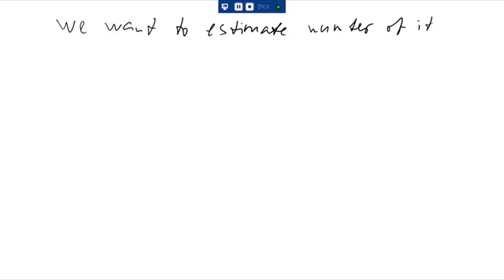So what we want to do is to estimate the number of iterations for passing the narrow corridor.